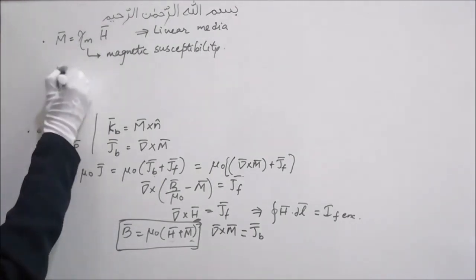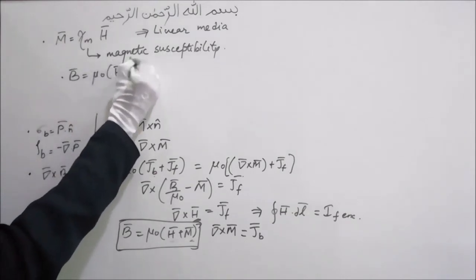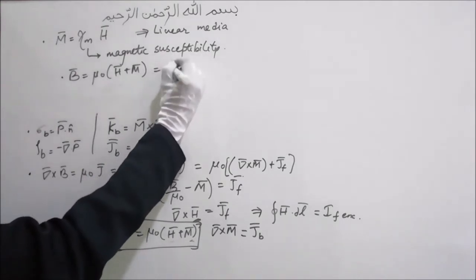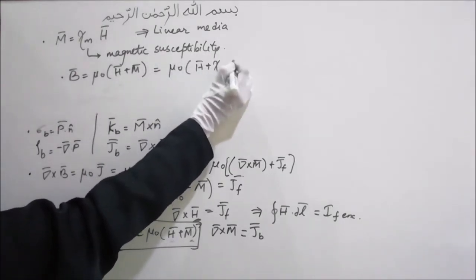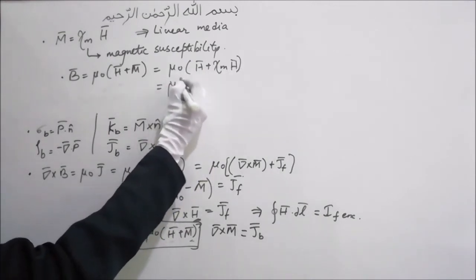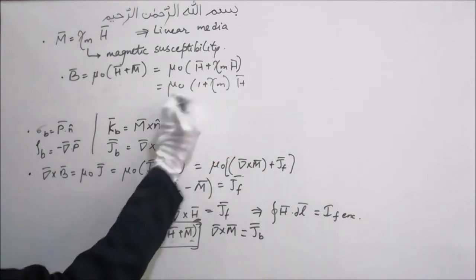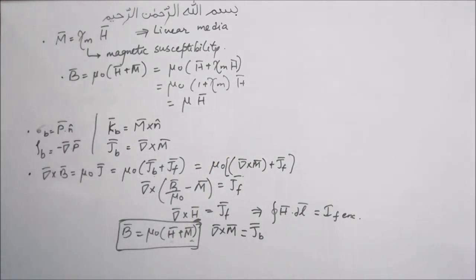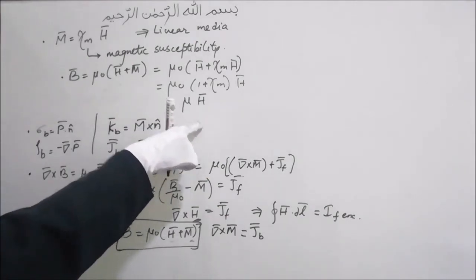Now, B is equal to mu naught H plus M. Put this value of M here, we'll have mu naught H plus chi M into H. That is mu naught (1 plus chi M) into H, which is equal to mu into H. This mu is the permeability of the medium.